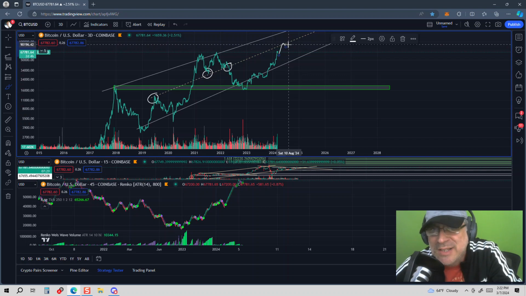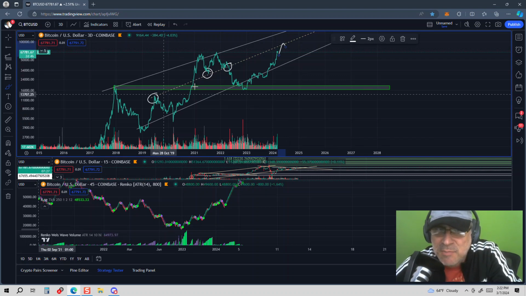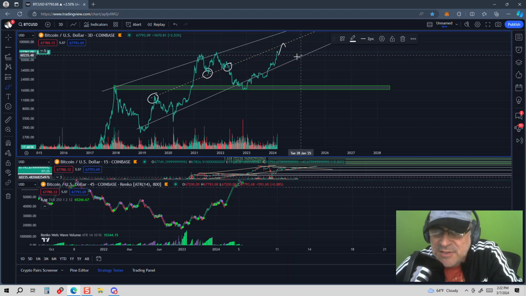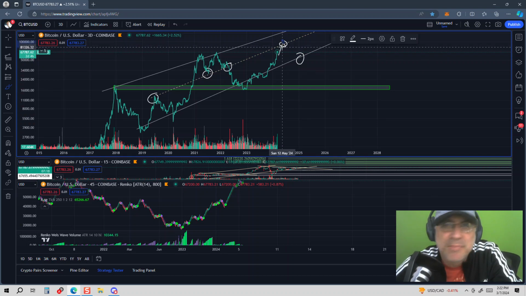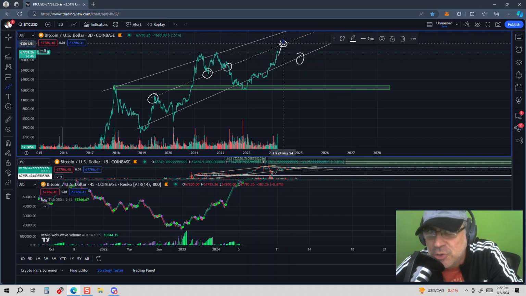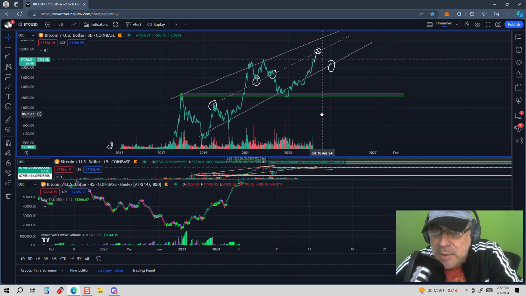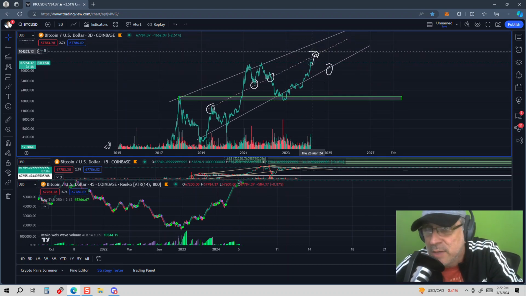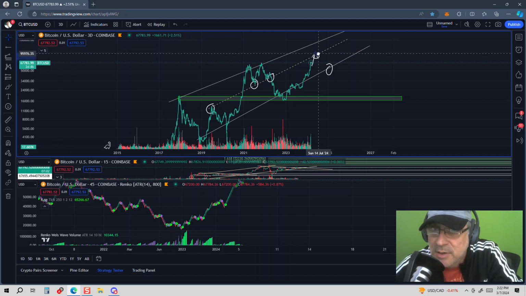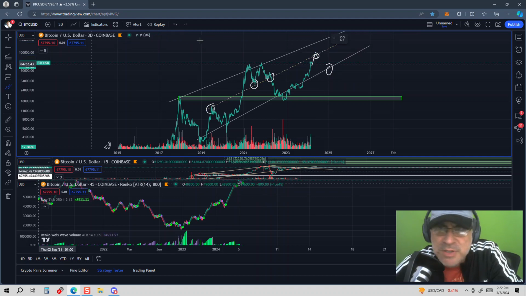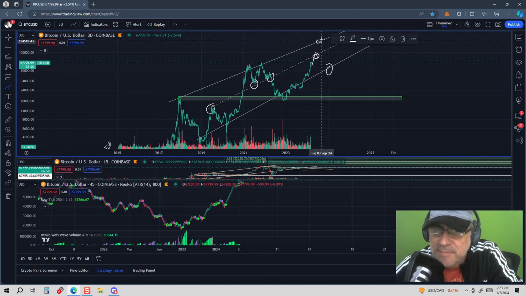But something more realistic before we see a pullback down to this area here could be a top out around this area, which would be around the 80,000 mark. So Bitcoin around 80,000, and this is going to be a crucial juncture here. If it prevails through this 80,000 mid-range for this wedge, then we may very well go all the way back up to the macro resistance area somewhere around here.